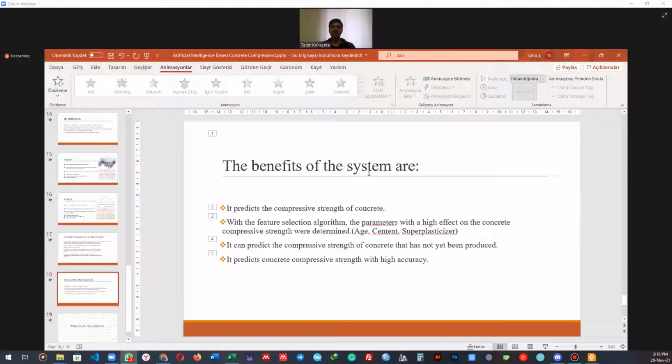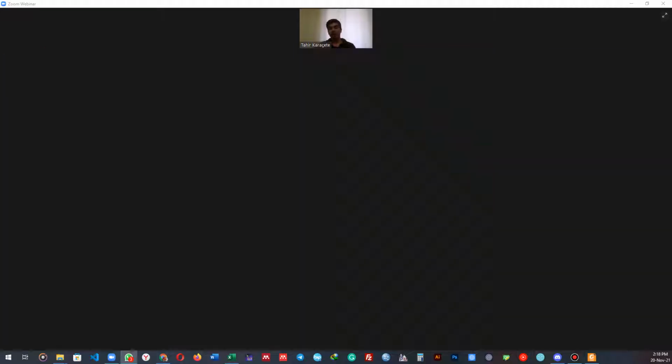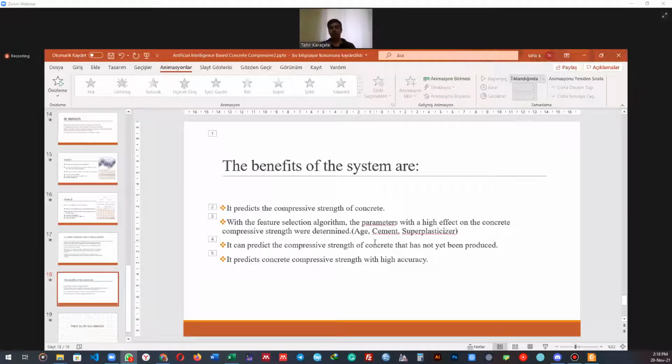The benefits of the system: it predicts the compressive strength of concrete. With the feature selection algorithm, the parameters with a high effect on the concrete compressive strength were determined. I talked about it.